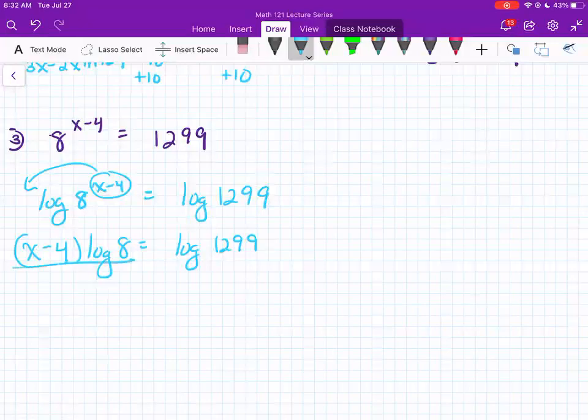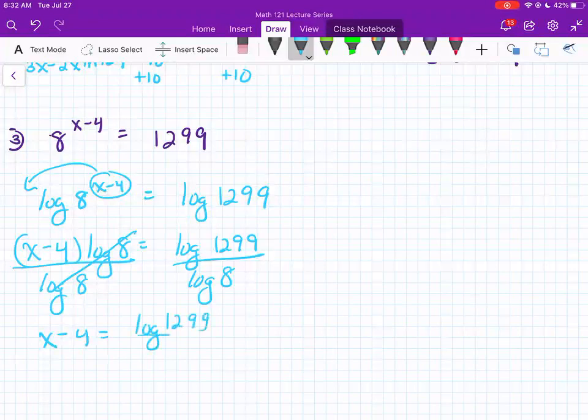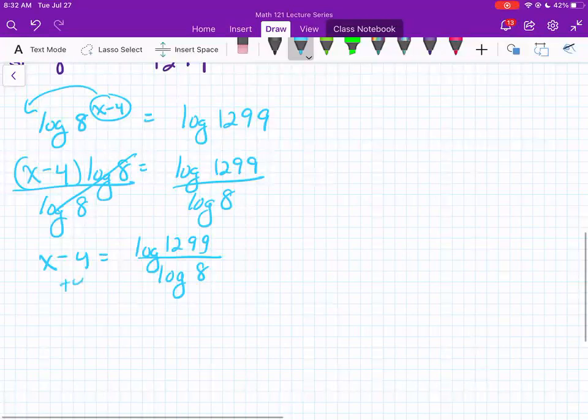I'm going to choose instead to divide both sides by the log of 8. And I have x minus 4 equals log of 1299 over log of 8. And then I can simply add 4 to both sides, and x equals log of 1299 over log of 8 plus 4.